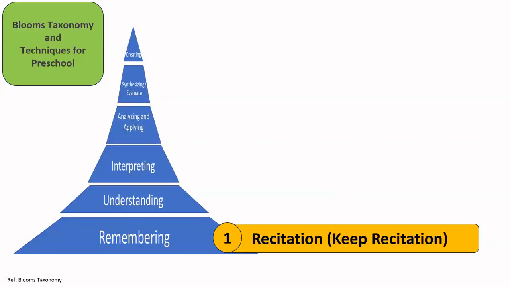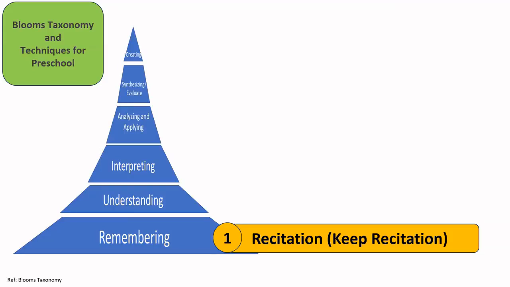Because memorization, as we know, is the very basic stage of skill development or cognitive growth among children. It is very easy for the teachers to adopt this skill. So whether it's a rhyme, whether it's 1, 2, 3, 4, whether it is letters in the English alphabet or local letters in the regional alphabet, whatever it is, let the child remember it, recite it, until the child is comfortable in reciting any poem, any number, any letter, anything.